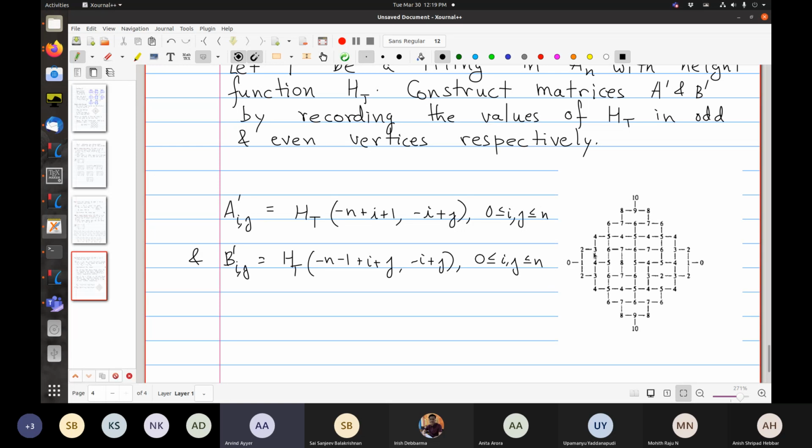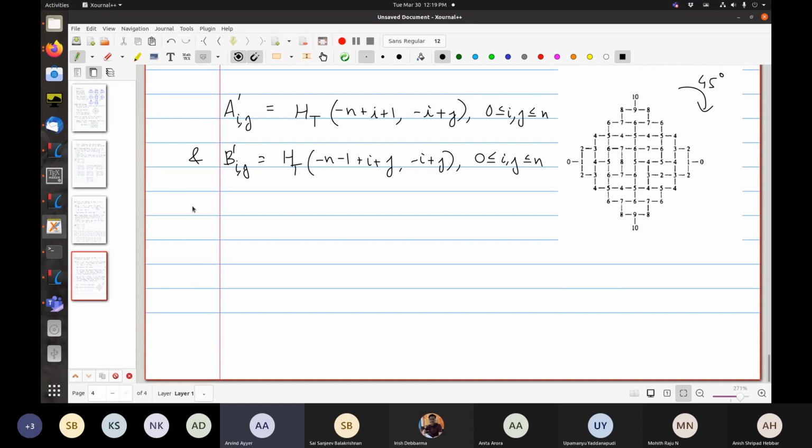So what I'm doing is I'm going to somehow mentally rotate the Aztec diamond by 45 degrees, and I'm going to look at both the subgraphs and read off the entries like so. In this example, let me try to squeeze it in over here. So A prime, I'm going to read the entries like so. 1, 3, 5, 7, 9.